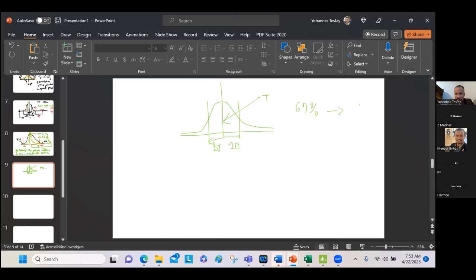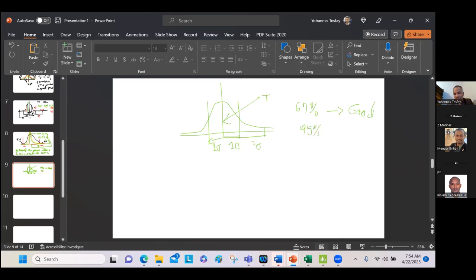These are good parts. If you're going to go to 2 sigma, that is about 95%.